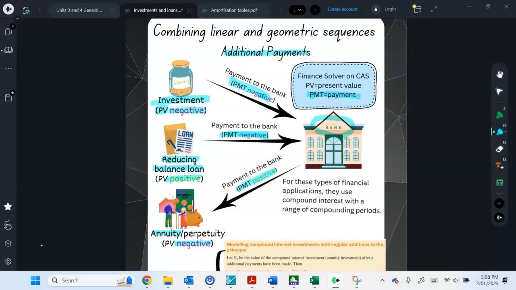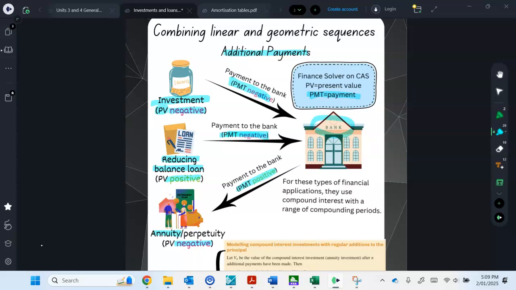So things like scholarships, the funding for that would often come from an annuity. And more specifically, a perpetuity. So without going into too much detail, a perpetuity is an annuity, but the value of the investment never goes down. We'll explain that, I'll explain that later on in this video.